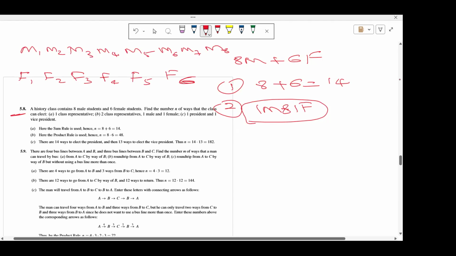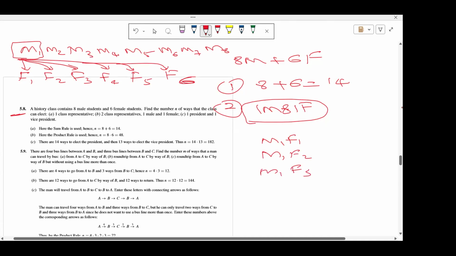Now, if I take the first male as a batch representative, with this first male I can make one group, M1, F1. Maybe sometimes M1, F2 is my group. That is also possible. With male one, I can create 6 combinations of female groups: male one female one, male one female two, male one female three, likewise 6 groups.